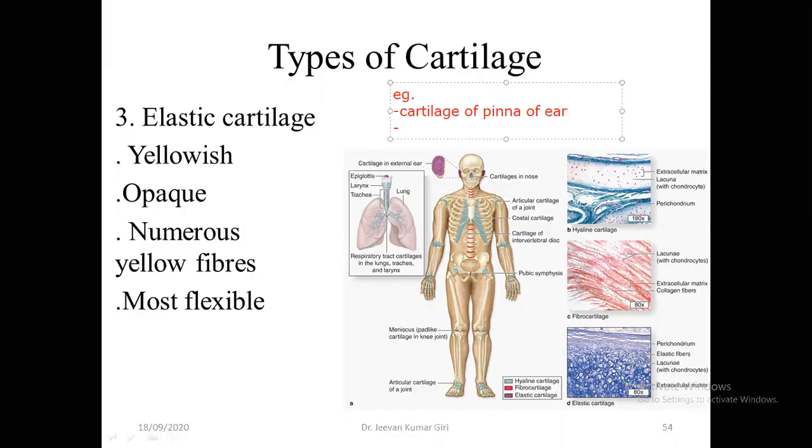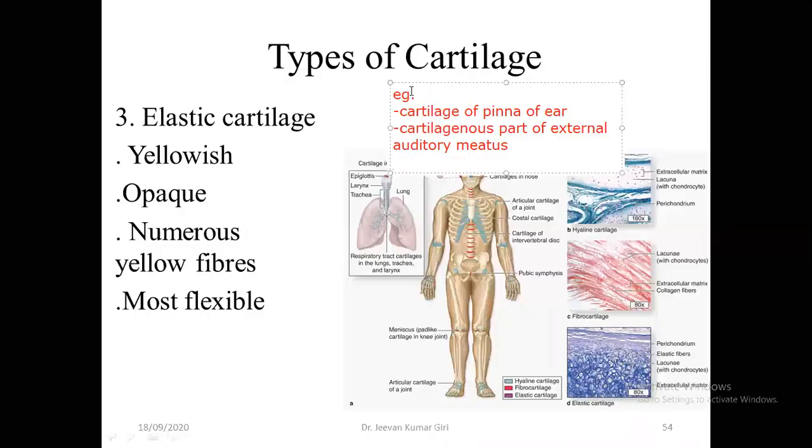Then you will find this cartilage in the external auditory meatus, in the cartilaginous part of the external auditory tube or meatus, same thing.